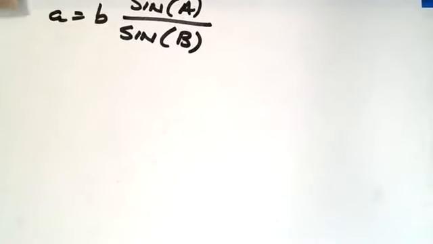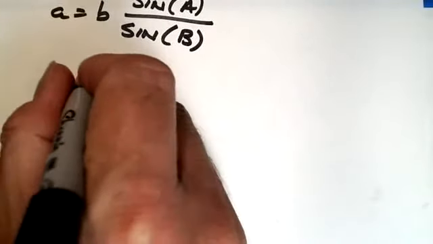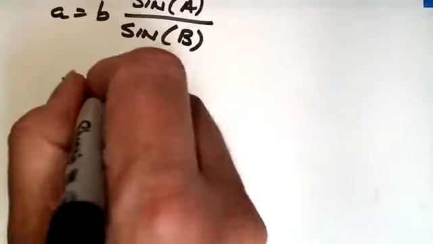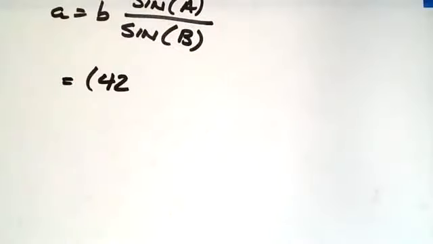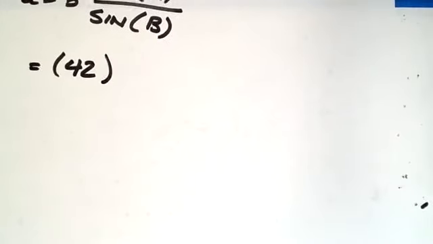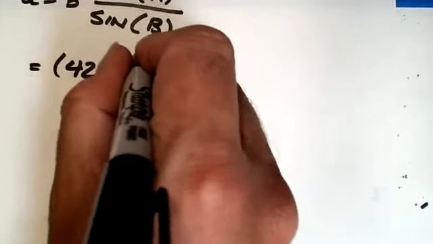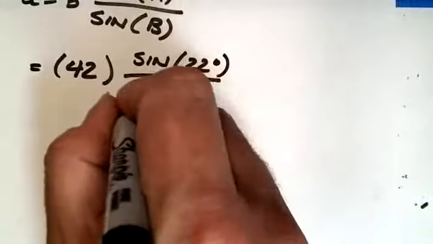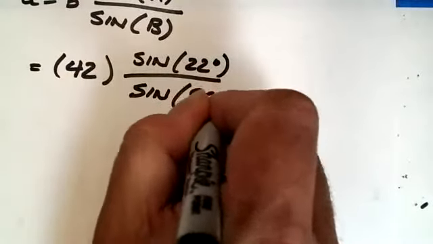And the values that are associated with it. So B was 42. We don't have any units on this. That's fine. Normally they do have units like centimeters, inches, feet, something like that. Let's just leave it unitless for now. So A was 22 degrees and B was 95 degrees.